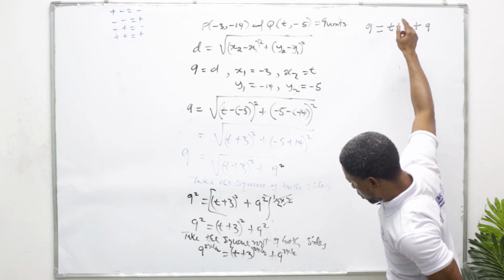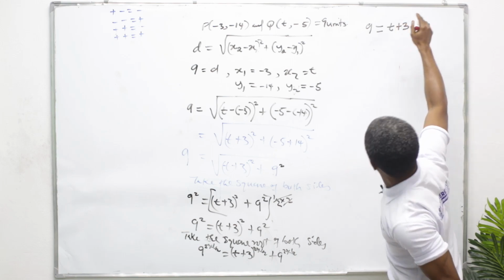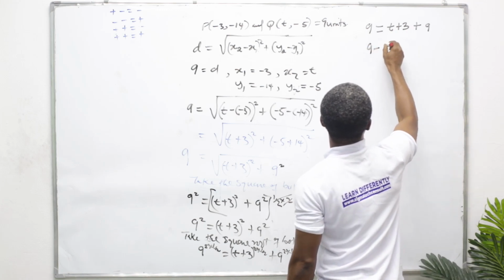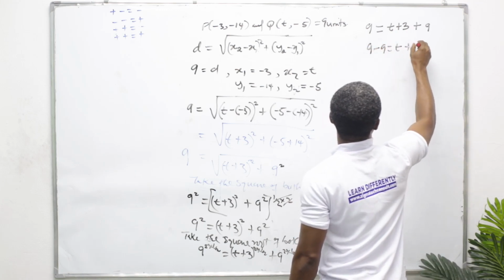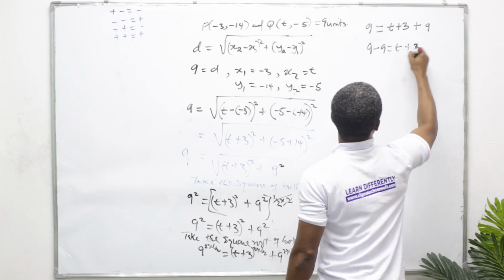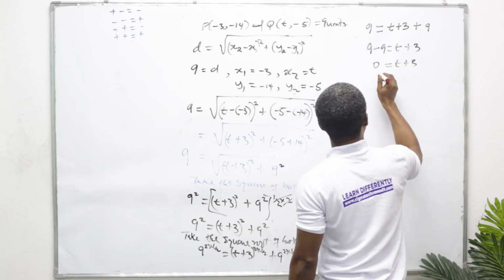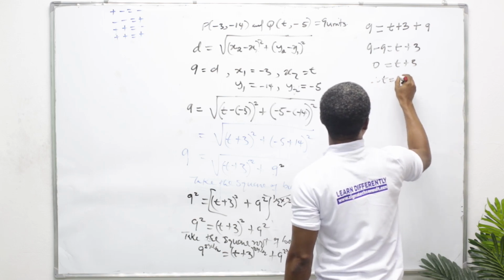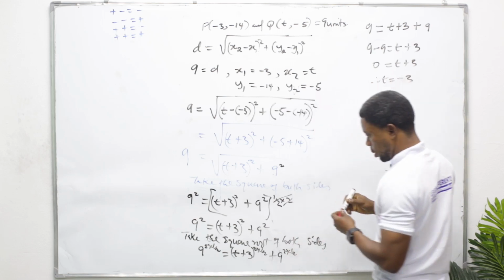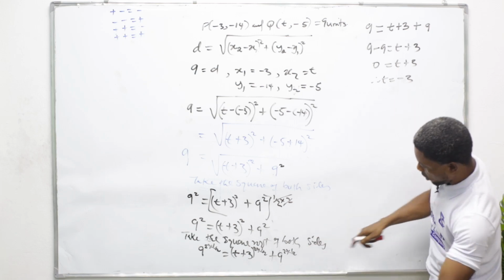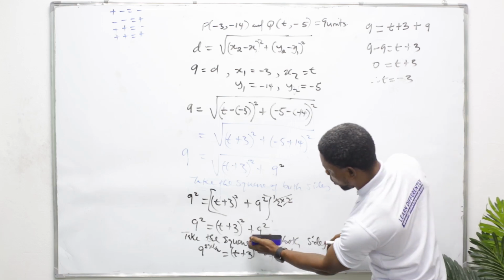Now, at this point in time, if I say 9 minus 9 equals to T plus 3, this is 0 equals to T plus 3. And I can now say that therefore T is equal to minus 3. Minus 3.